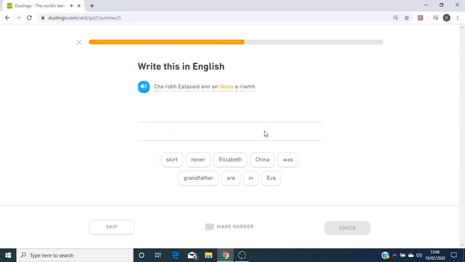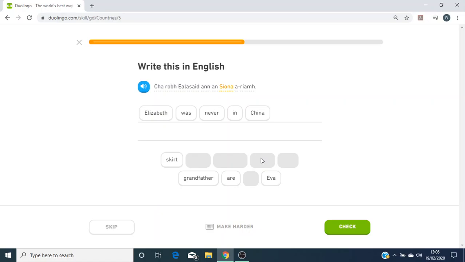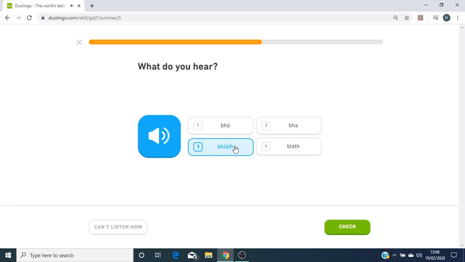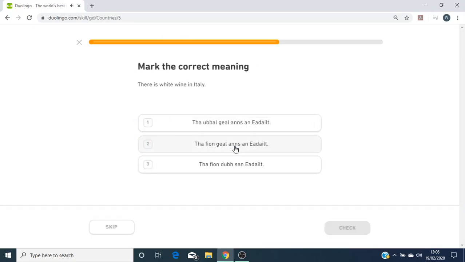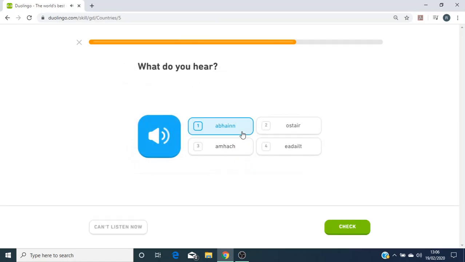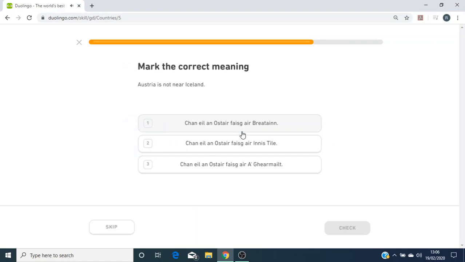Elizabeth was never in China. There is white wine in Italy. Austria is not near Iceland.